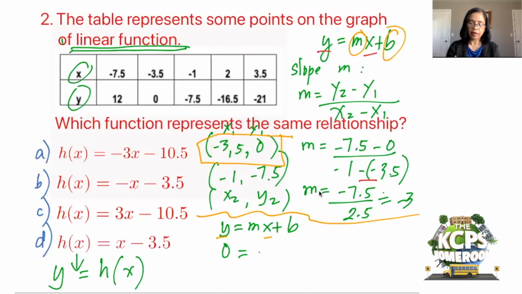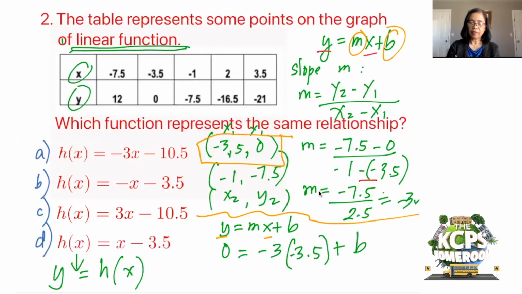We already have our m, which is negative 3, which we found earlier. And my x is negative 3.5, plus b, which is unknown.